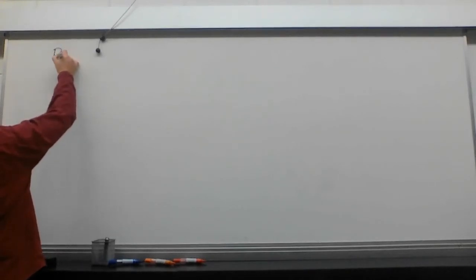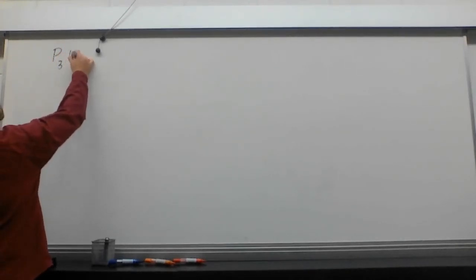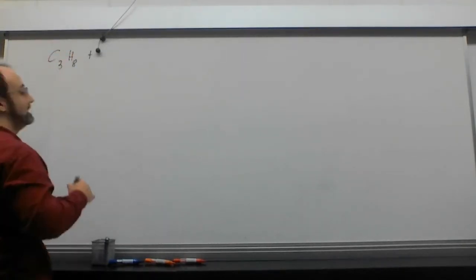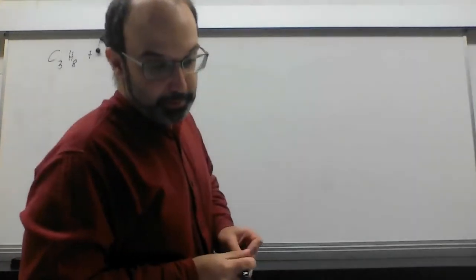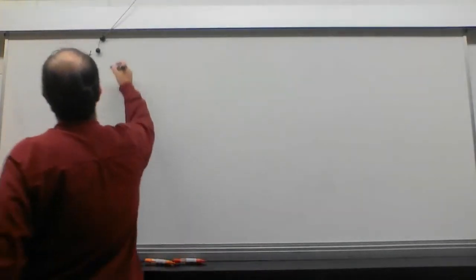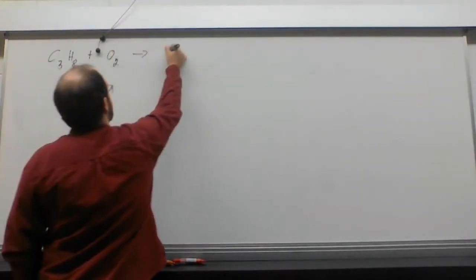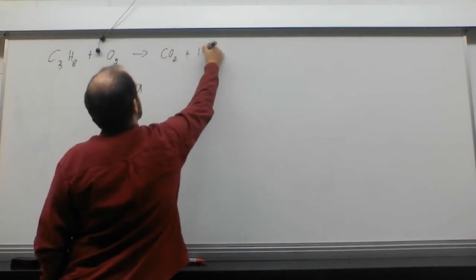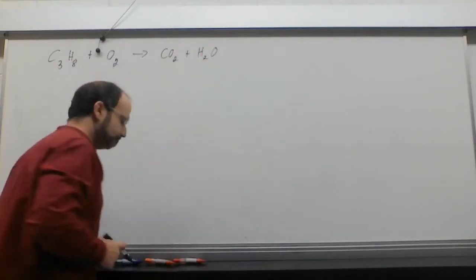So our balanced reaction is going to be with propane, which I think is that. No, not a P. Oh, Mr. C, it's propane, yes, but it's with a C. And then we've got some oxygen gas is going to make some carbon dioxide plus some water.